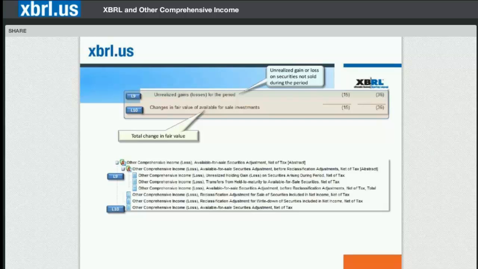L10 is the net change in fair value after any reclassification or valuation adjustments. In this case, these are two different reporting concepts, even though the value is identical. Because the facts are consolidated amounts and the fact elements are sufficient to serve as a completed XBRL tag, no domain members are needed.